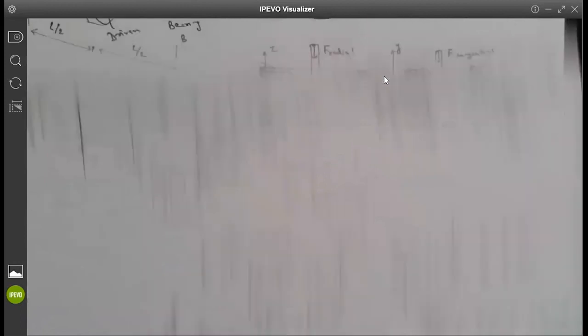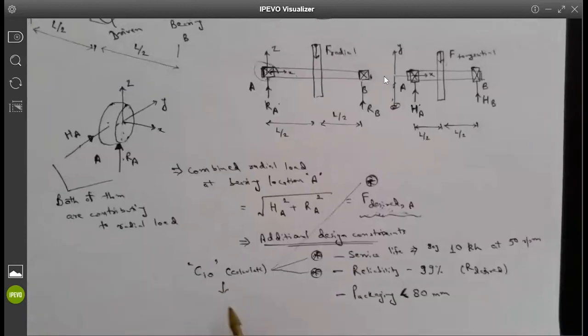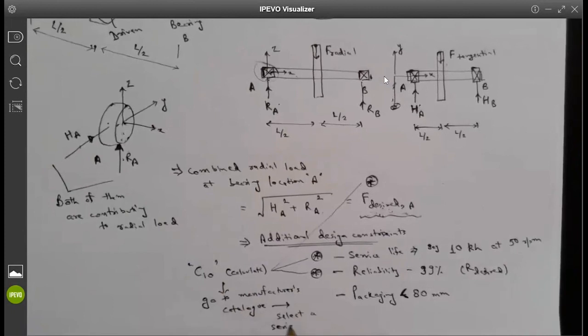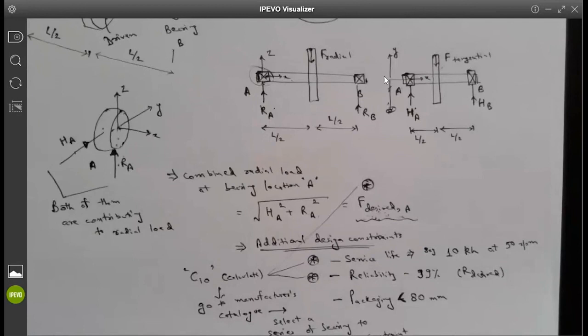Once you get C10, go to the manufacturer's catalog and select a series of bearings which satisfies the packaging constraint. Let me know if it makes sense to you. And that's how the bearings are selected.